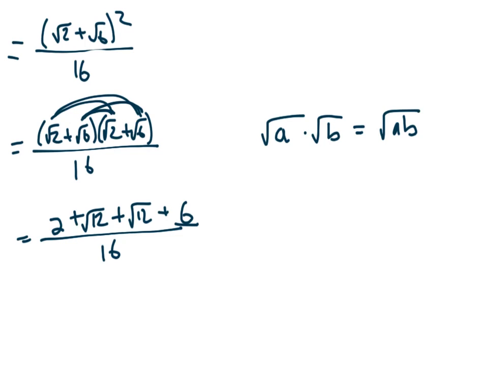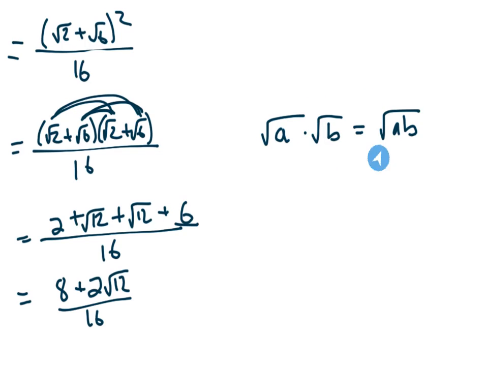Now we combine like radicals. Which ones are like radicals? These two, and these two that don't have any radicals are also like terms. 2 plus 6, and root 12 plus root 12. It's like saying, what's banana plus banana? It's 2 of them. 2 root 12s. Now before we can simplify any further, we have to simplify radical 12.